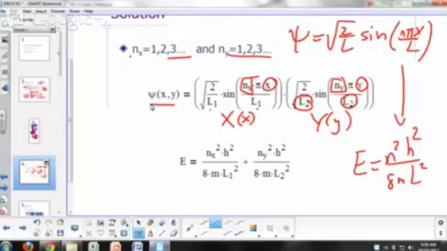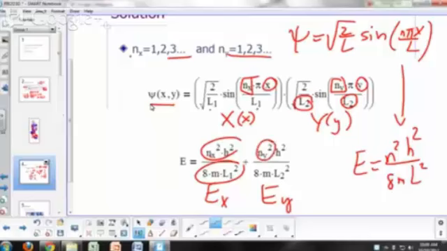So we should know that E sub x would be n sub x squared h squared over 8m L1 squared. And E sub y is just going to be n sub y squared times h squared over 8m L sub 2 squared. So problem solved. We have the solution to our particle in a two-dimensional box problem.